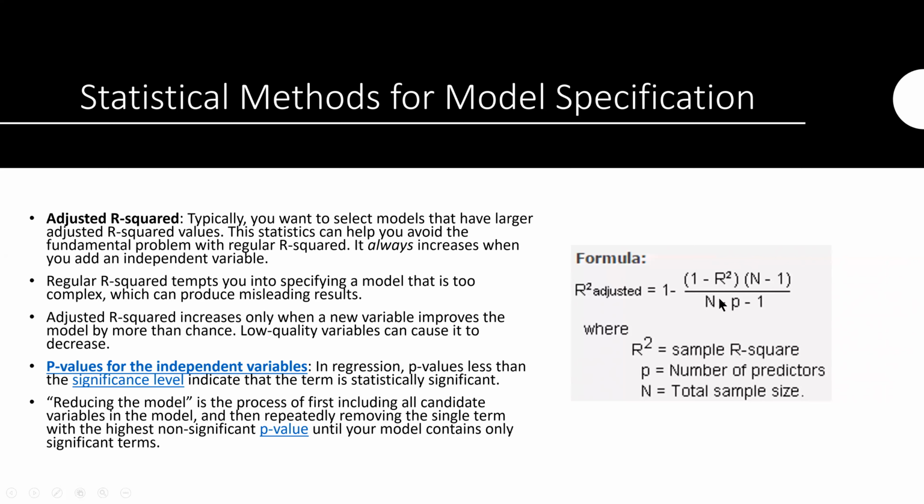And then if this is smaller, this thing will become bigger. This will be bigger, but it will still be positive. So a bigger positive number subtracted from 1 will make R square adjusted lower.